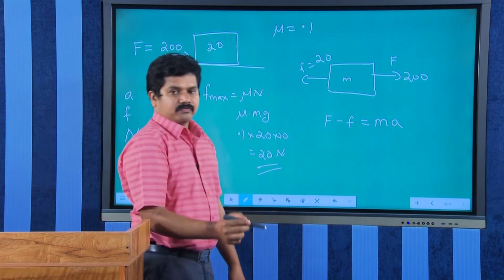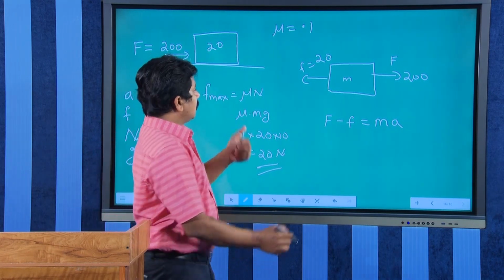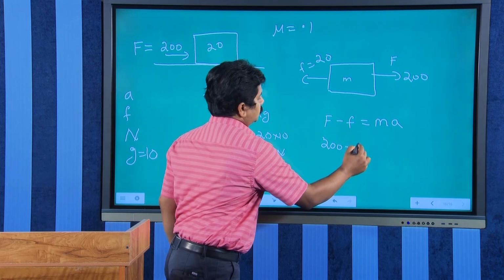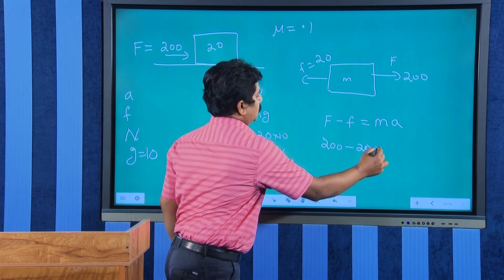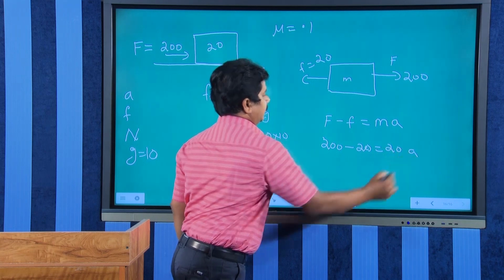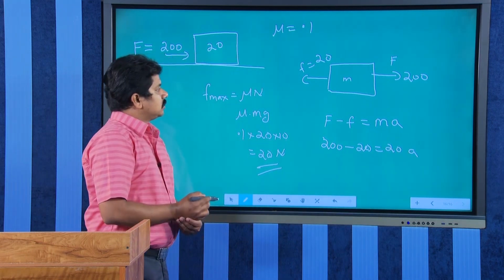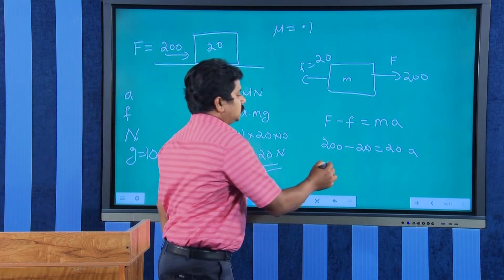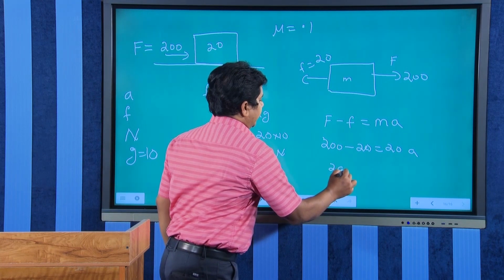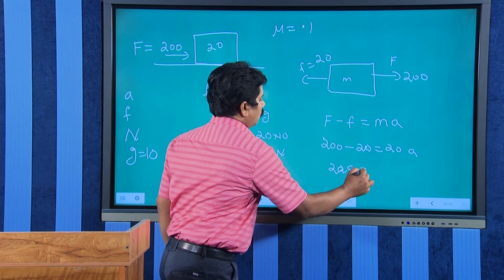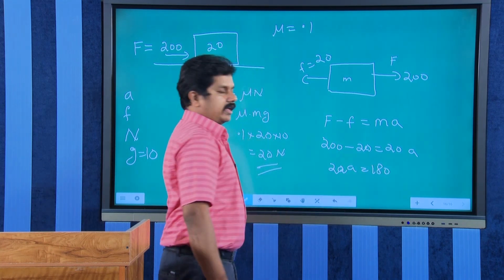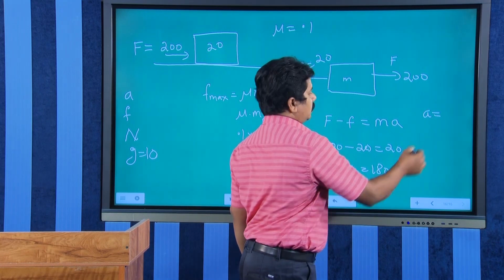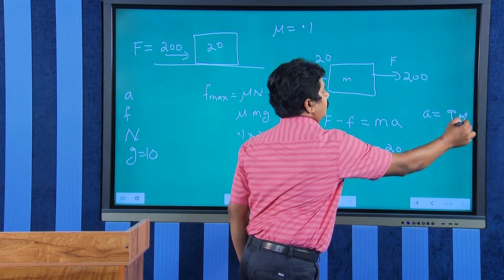F is 200, small f is 20, equal to 20 into a, since the mass of the block is 20. So, 20 a equal to 180, or a equal to 180 by 20, that is 9 meter per second square.